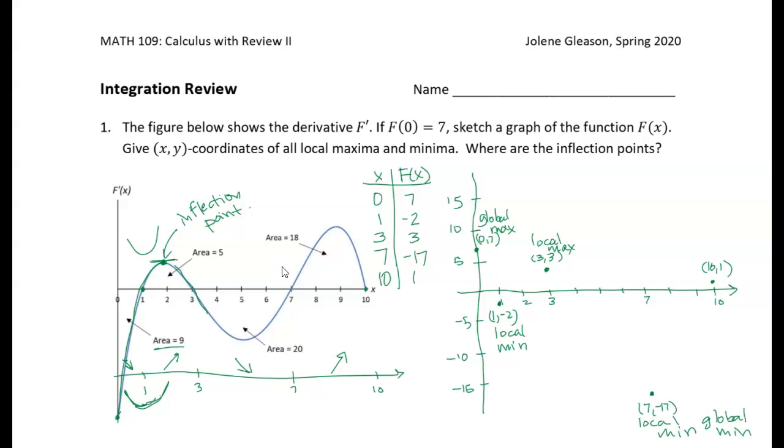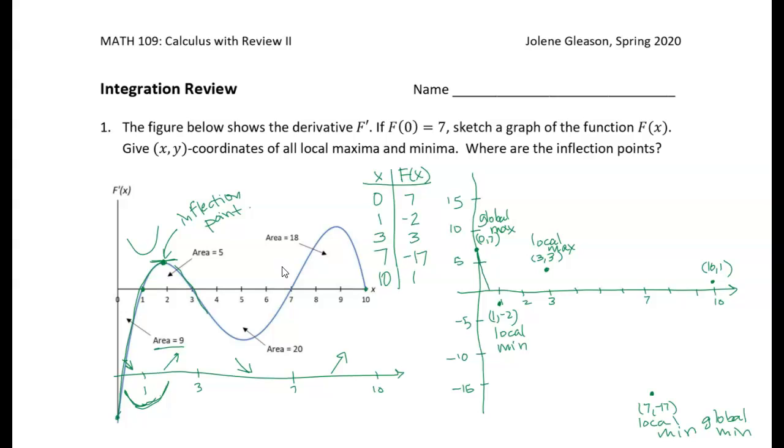And so the slope is 0 and it's going from concave up to concave down, because the slope of the derivative, the second derivative, goes from positive to negative. Okay, so we have an inflection point somewhere around 1.9, and we're concave up.